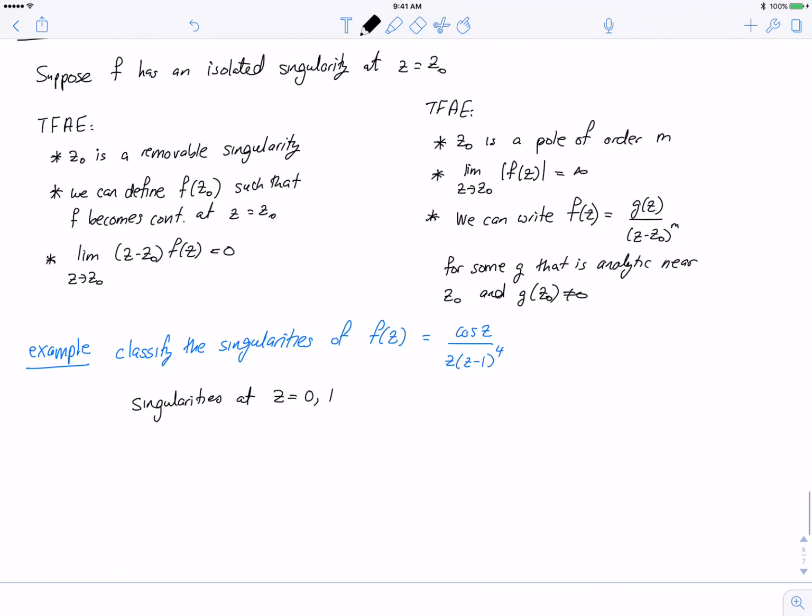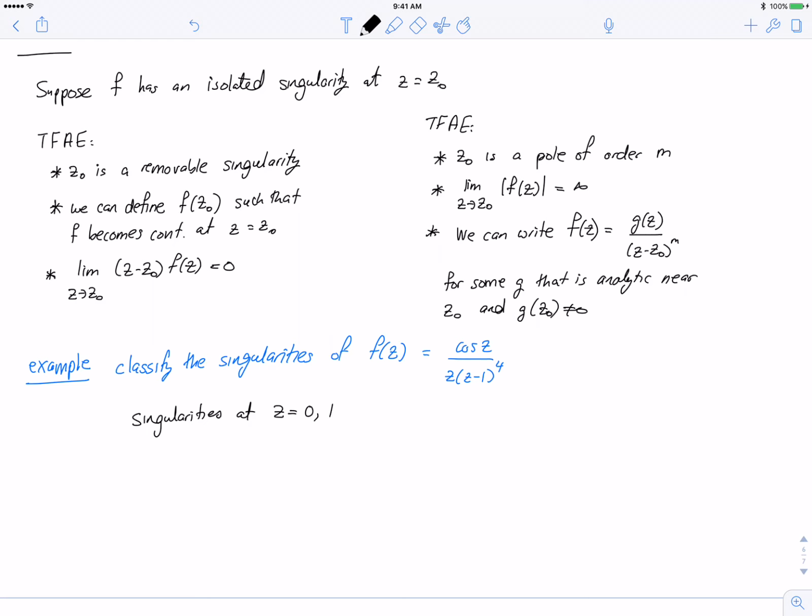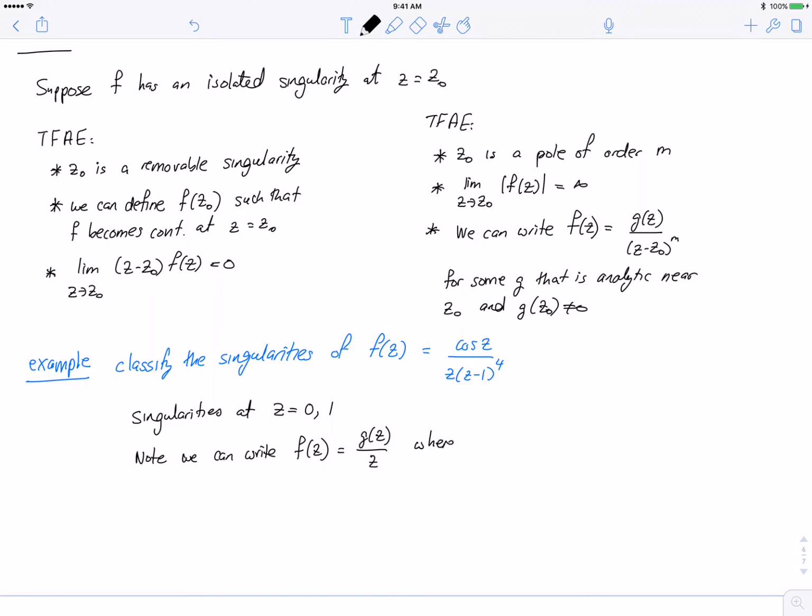So first let's think about z equals 0. Note we can write f of z equals g of z on z, where g of z equals cos z on (z minus 1) to the 4.